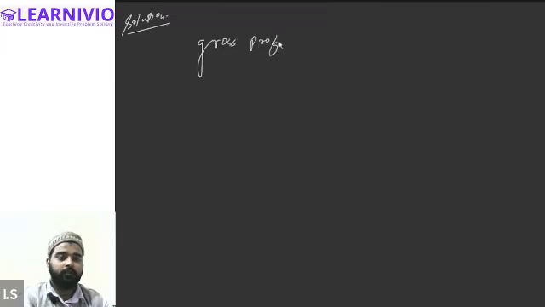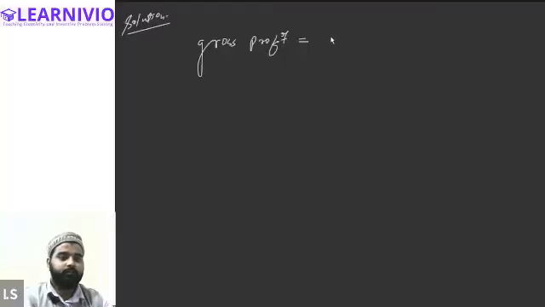Gross profit is net sales minus cost of goods sold. Correct.